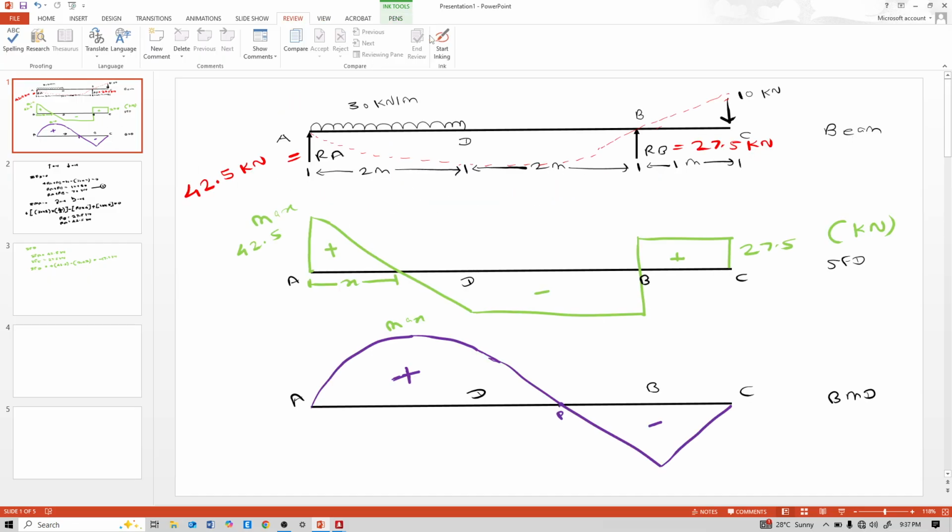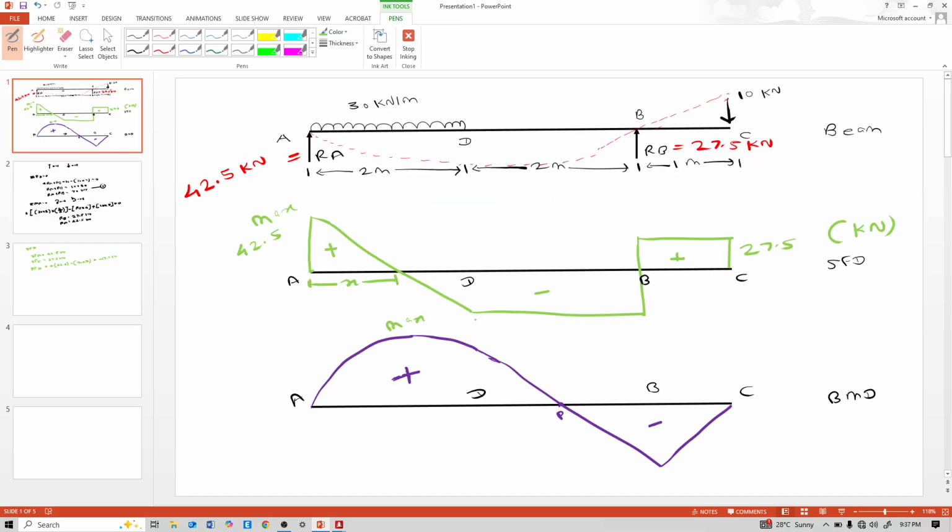In between there is no load, so here it is also minus 17.5.